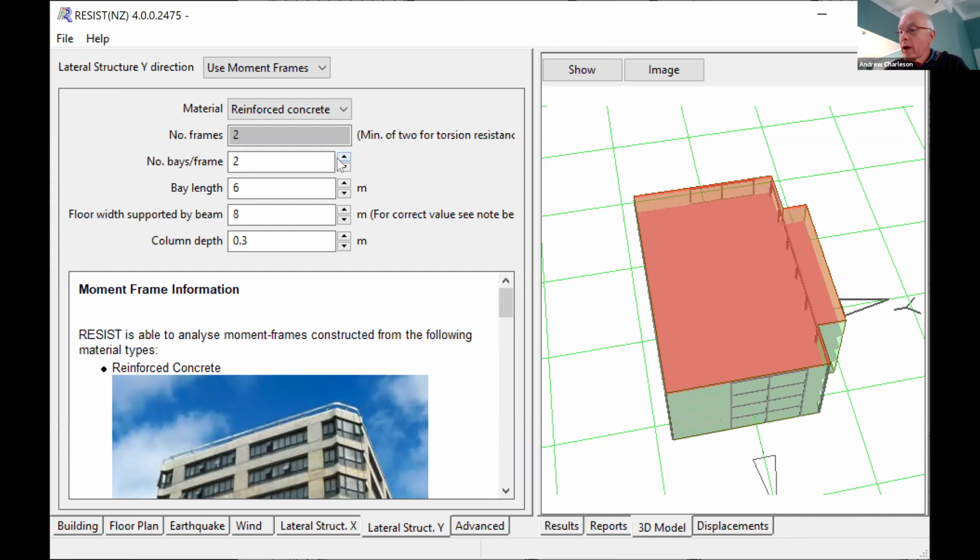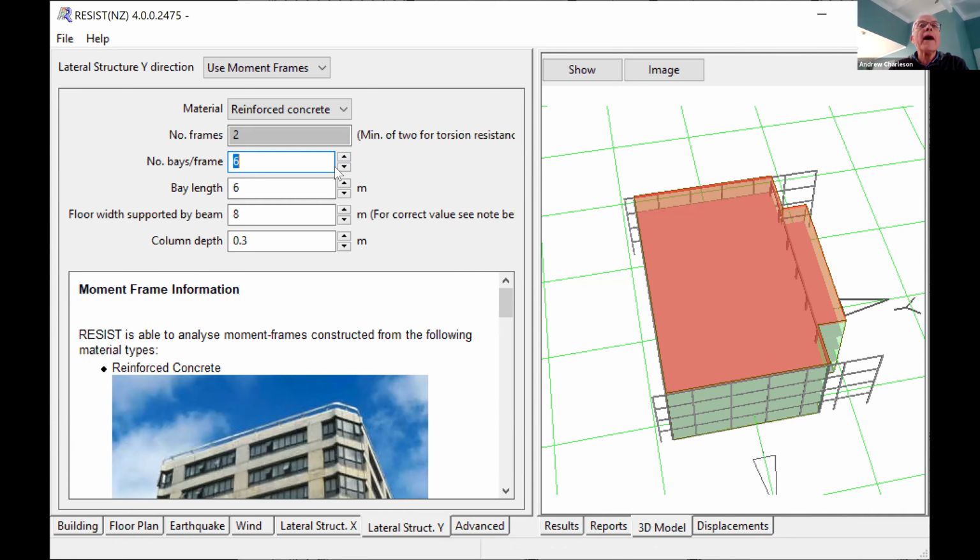And how many bays? I'm also going to have 6 bays in this direction. Oops, that's no good, is it? We can't have our bays outside our building.